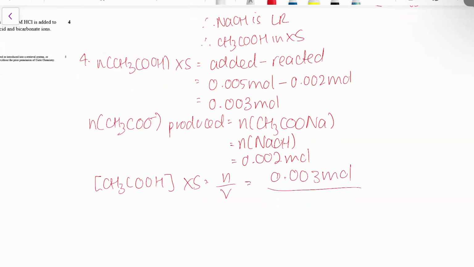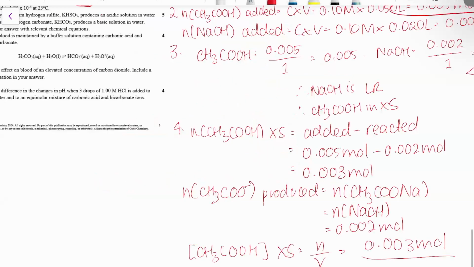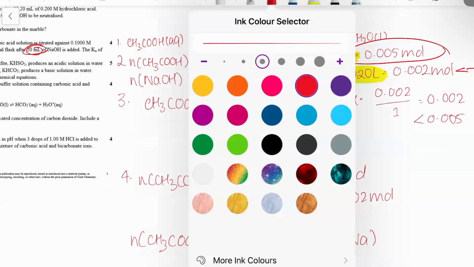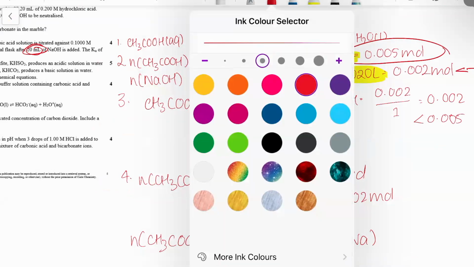Now at this point, you've already mixed your acid and your base together, which means your volume is not the volume that you had at the start anymore. It's going to be the total volume of the acid and base solutions that you've already mixed. So you had 50 mL and then 20 mL, which means by the time you've mixed it together, anything that gets made after that is going to be made in a total 70 mL solution.